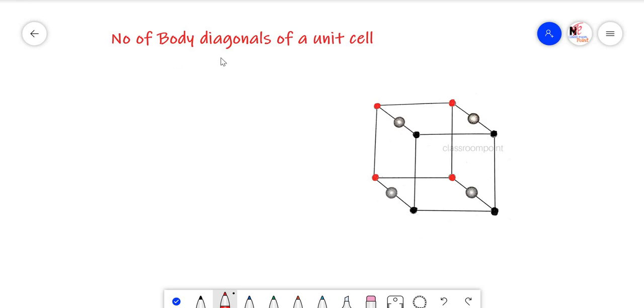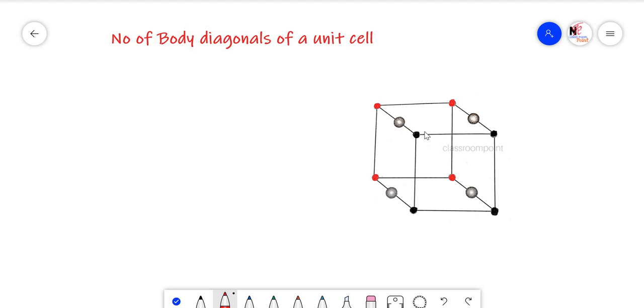Now let us discuss the number of body diagonals of a unit cell. Here red points represent the atoms of the backside face and here black points represent the atoms located on the corners of the front side face. A diagonal means when two opposite corners are connected.